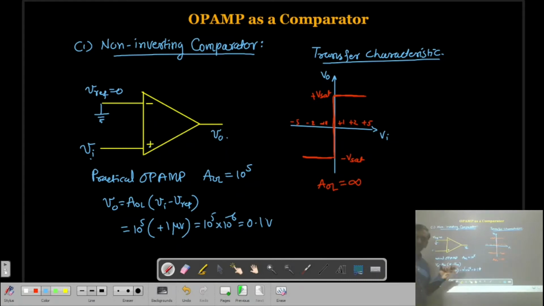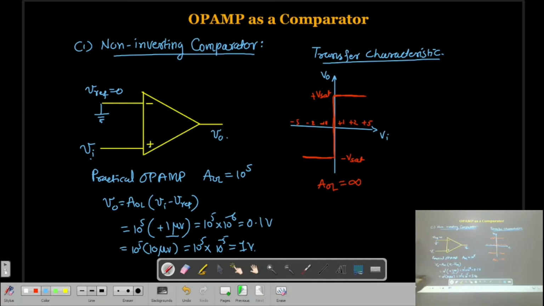Here you can see the op-amp is not in saturation because the difference of my input voltage is very small. Suppose this difference is 10 microvolt, then in that case, if you calculate, the output will be roughly 1 volt.